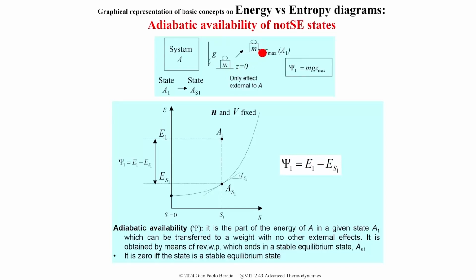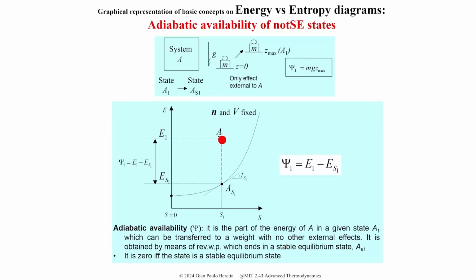The maximum we can do in a weight process is the adiabatic availability of that state, which is represented here by the difference in energy on the vertical line. And in fact, when we do this maximum, we have done the process reversibly. Otherwise, you get less. And in a reversible weight process, the entropy remains constant.